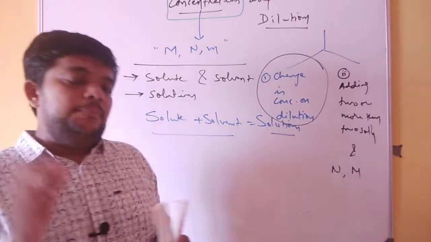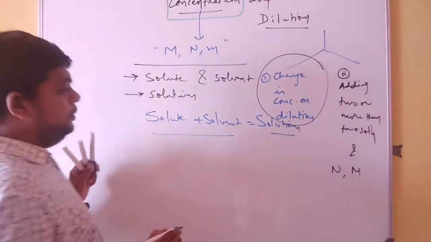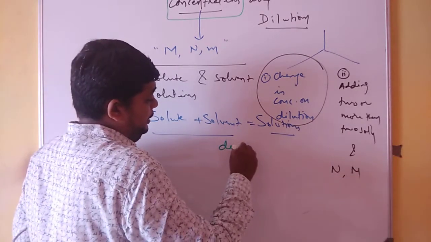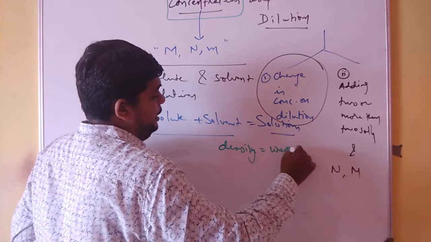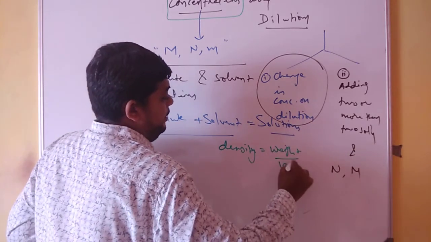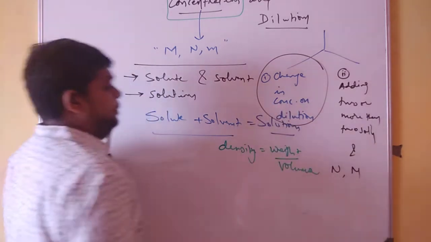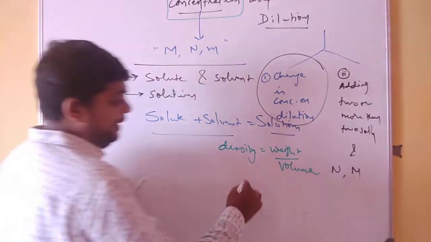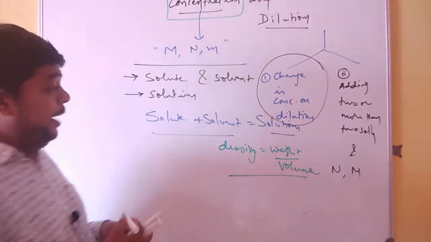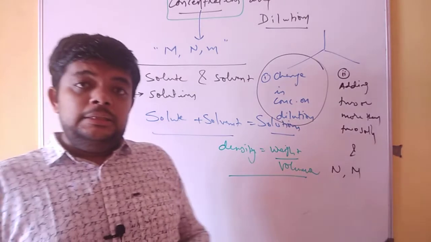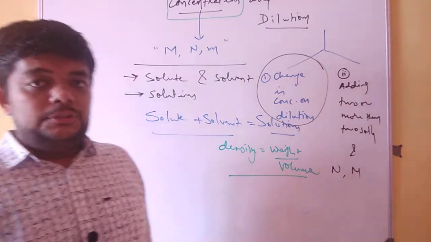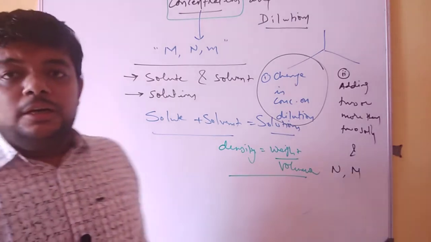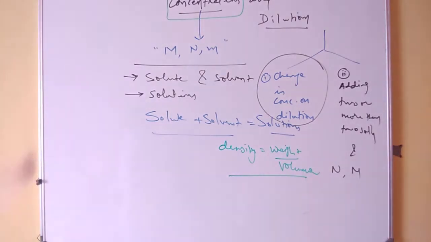Always remember this simple funda. Also remember the equation density is equal to weight divided by volume. These are the two important aspects that one should keep in mind while discussing the change in concentration on different dilutions. So let us begin with the first example.